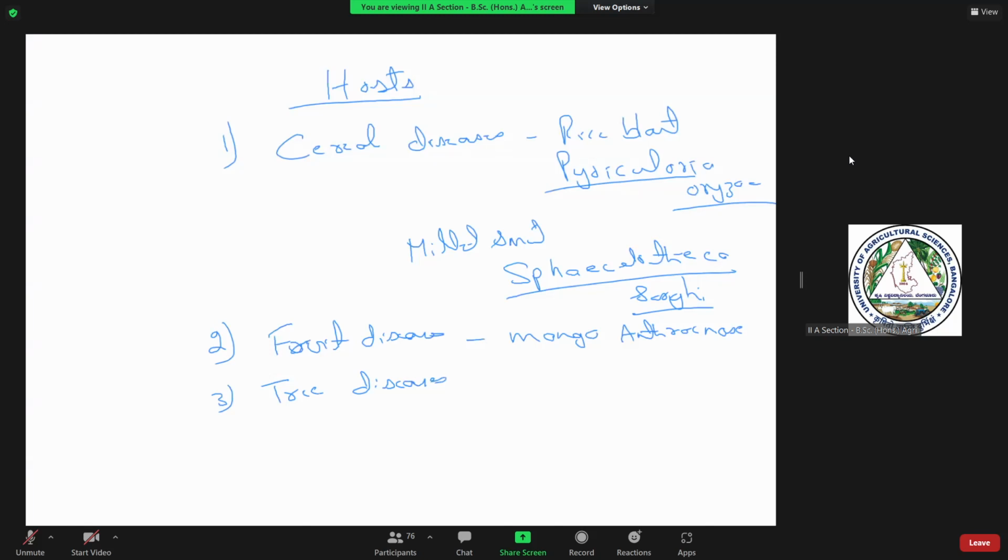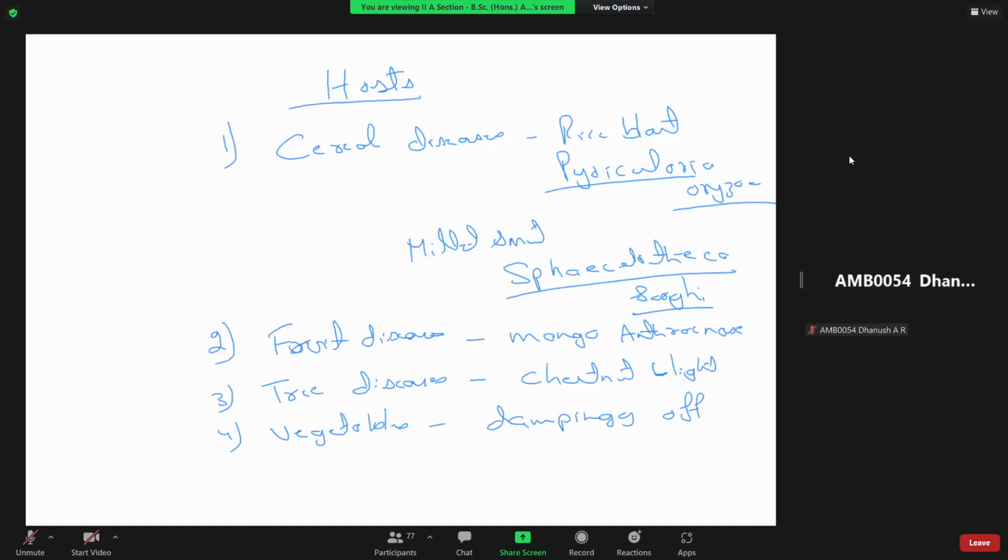The example is the chestnut blight. And lastly, the diseases caused in the vegetables, and the best example would be damping off disease. Damping off can most commonly be seen in all the vegetables.